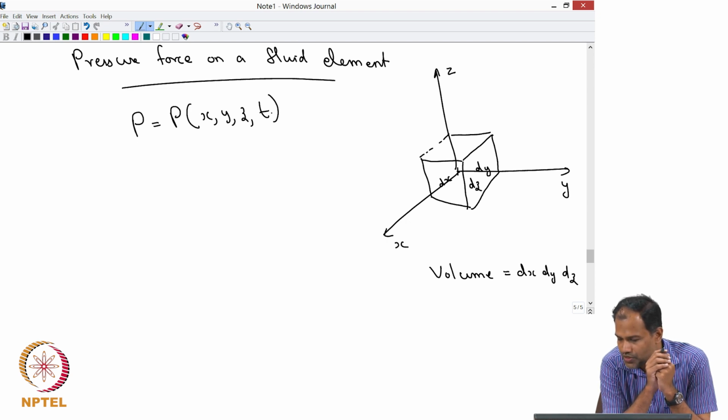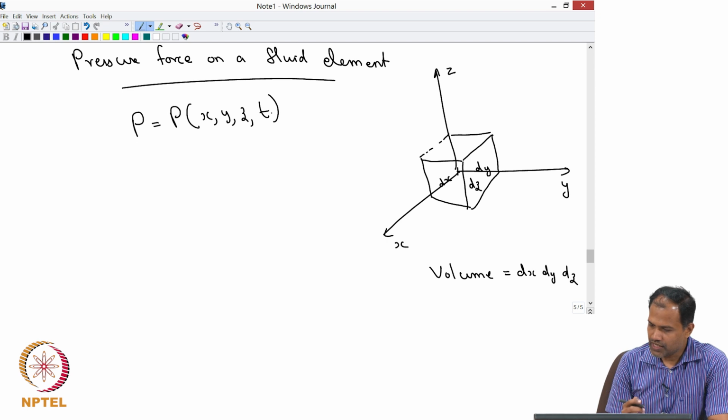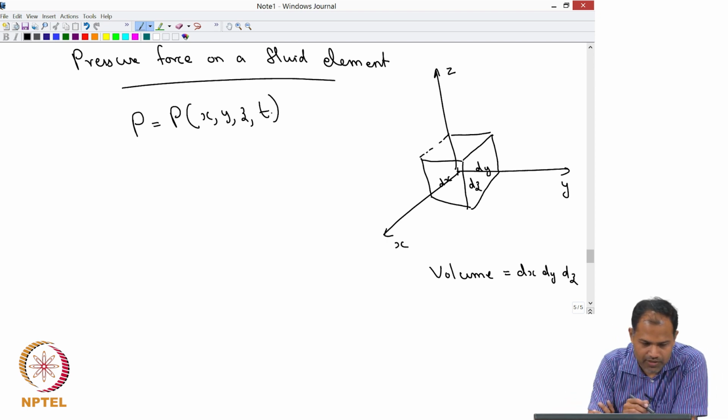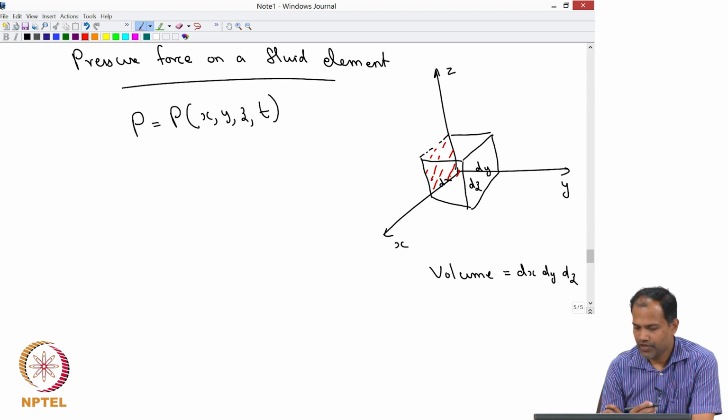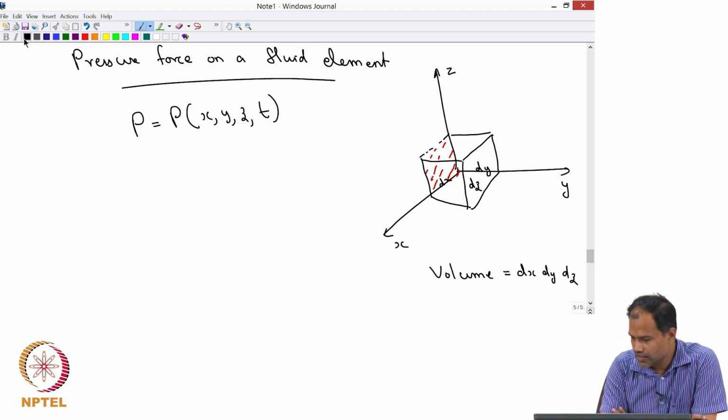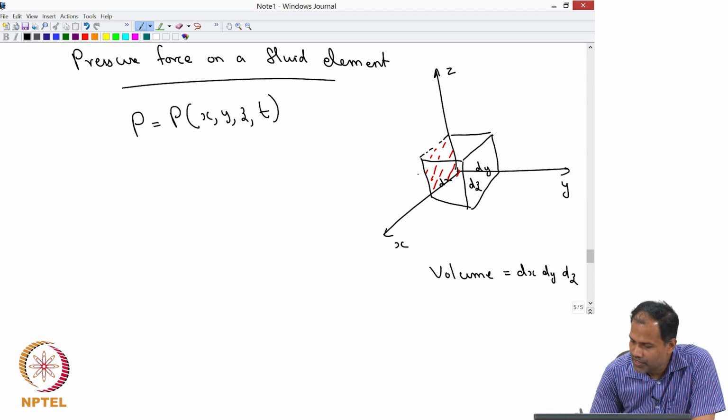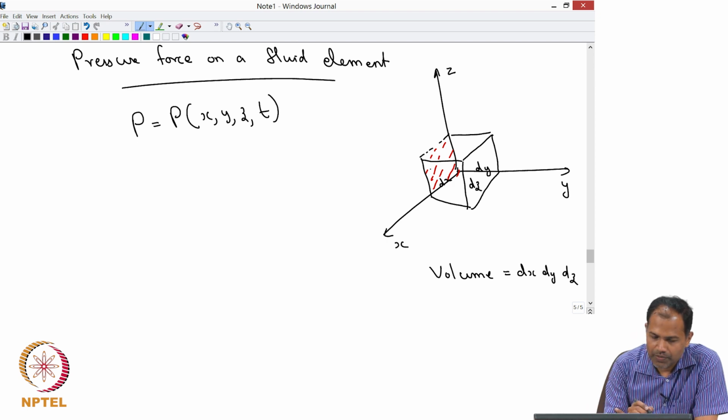And what you are going to do is calculate the pressure exerted on each face of the fluid element. So, let us say we are going to look at this face, the face that I have marked with red color, and I want to calculate the force on that side. Pressure is defined as force per unit area.